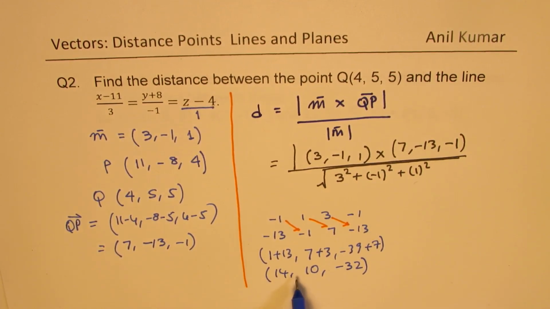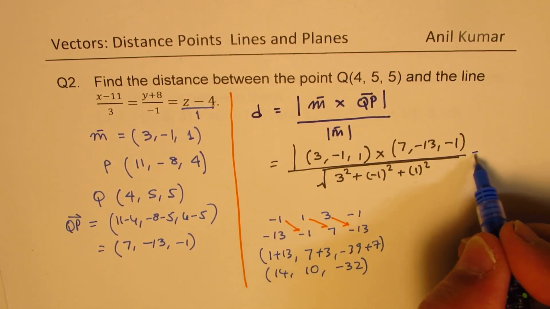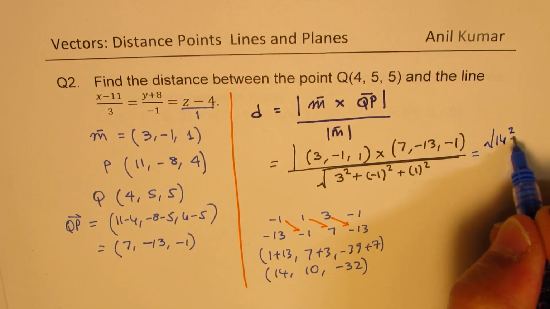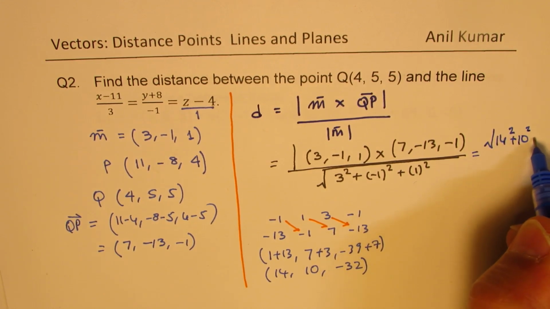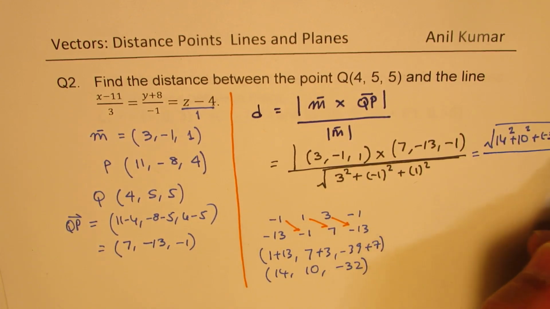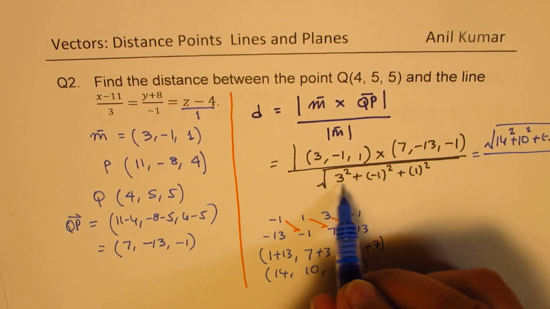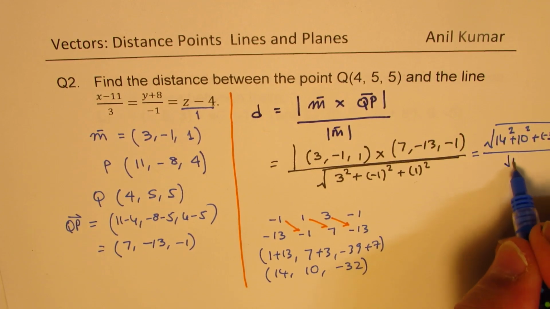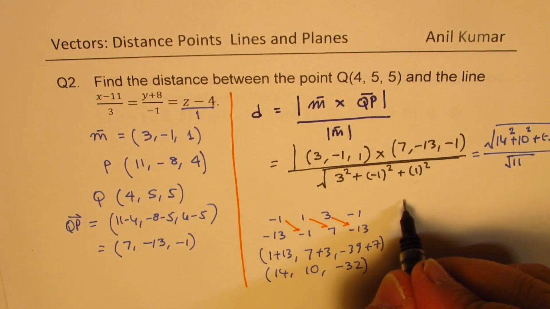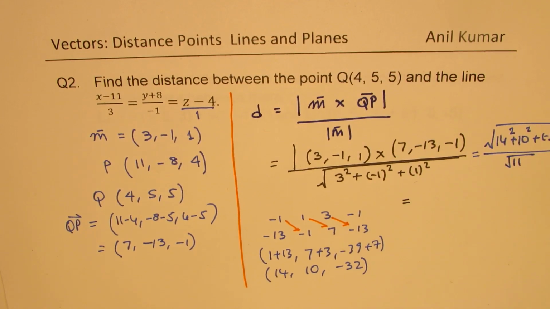So the magnitude will be what? Square root of 14 square plus 10 square plus minus 32 square. That is the magnitude which we have to calculate. For the direction we take the positive value, and this is 9 plus 2, 11, square root of 11. Let's use the calculator.